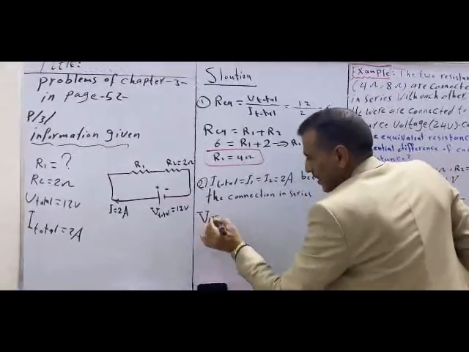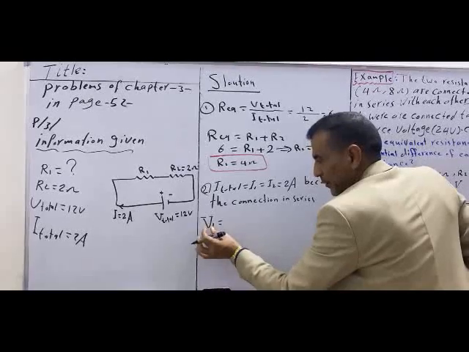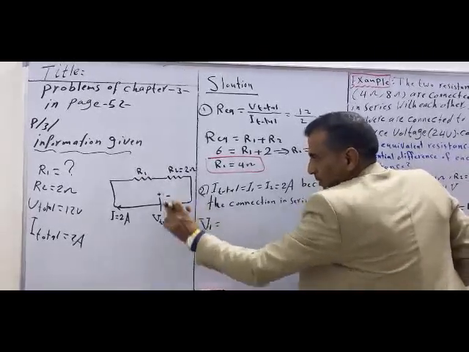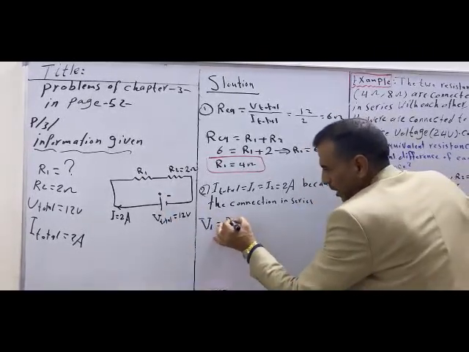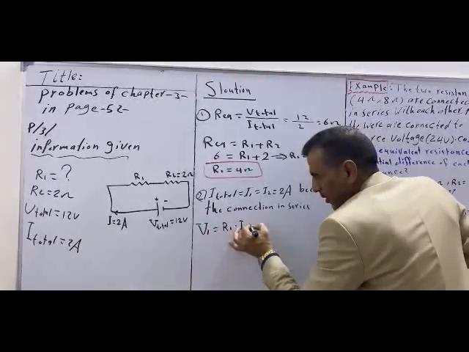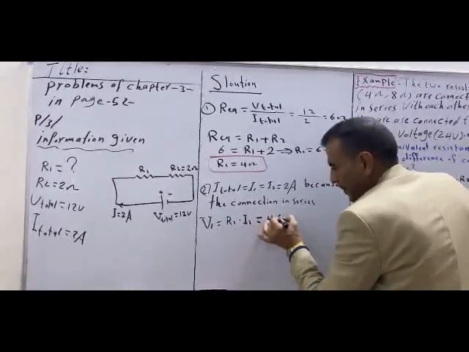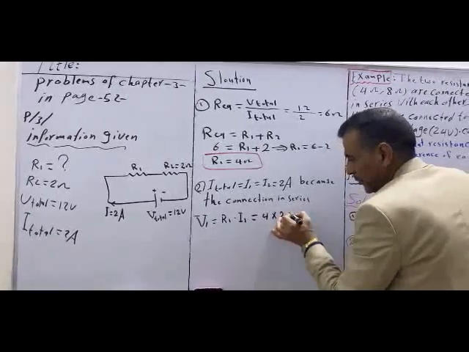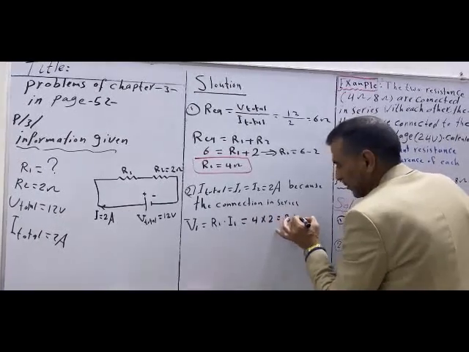V1 represents the potential difference of the first resistance, equals R1 times I1. R1 is 4, I1 is 2, equals 8 volt.